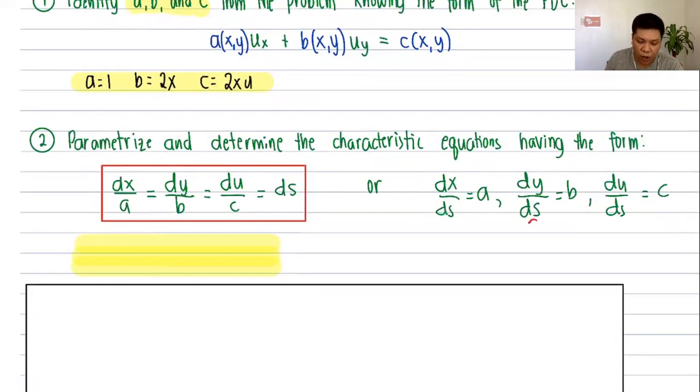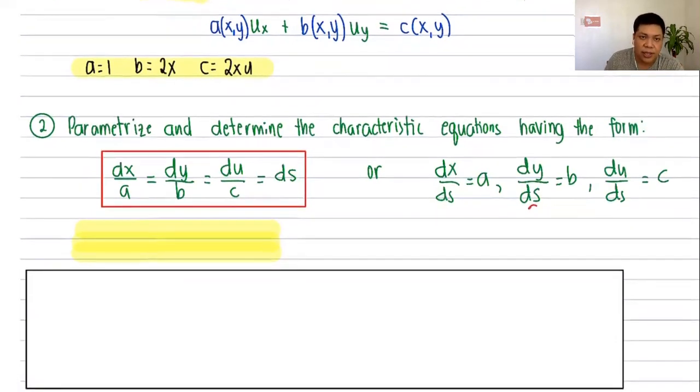Therefore, following this boxed set of equations, I can now write dx over A, which is 1, equals dy over B, which is 2x, equals du over C, which is 2xu. Is that clear?